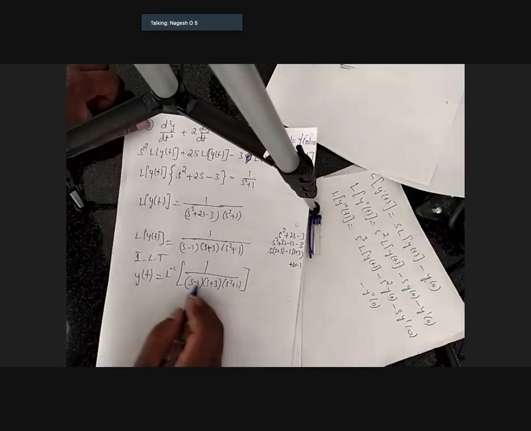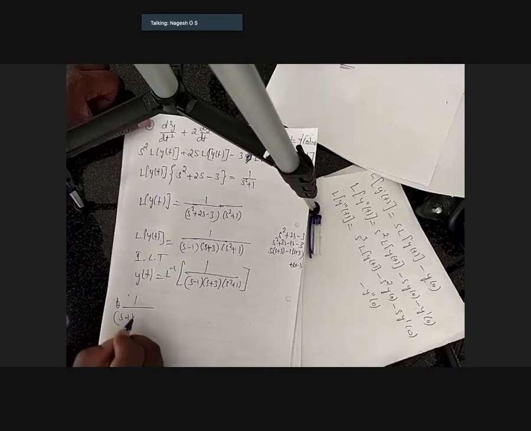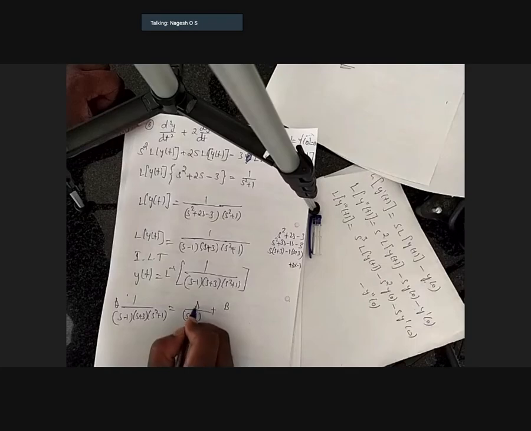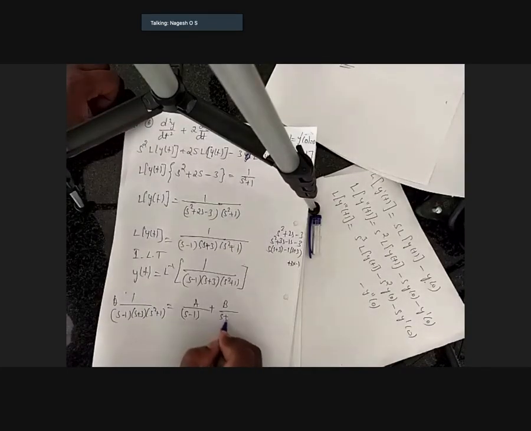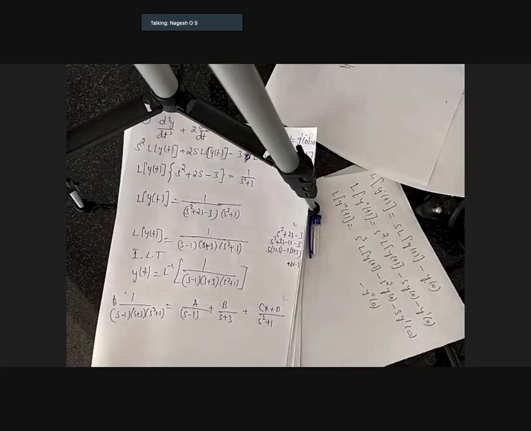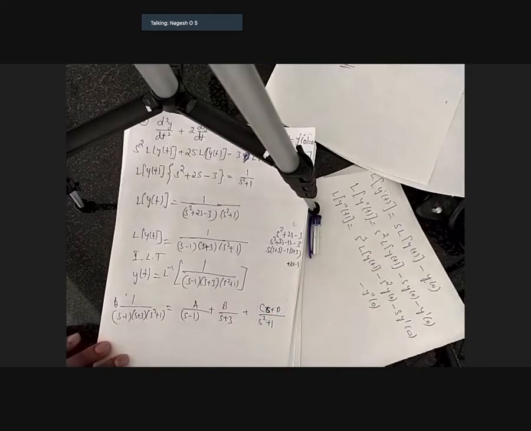Again, to separate the denominator, apply partial fraction: a by s minus 1 plus b by s plus 3 plus cs plus d by s square plus 1.